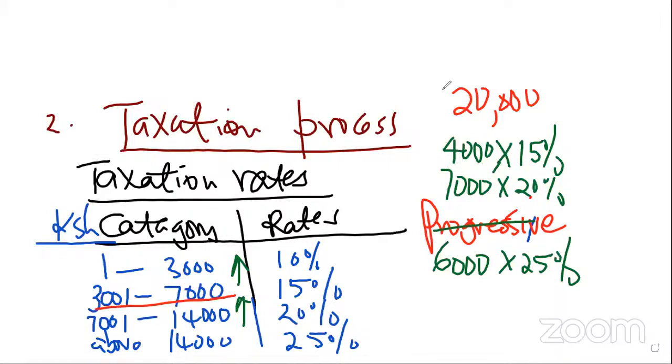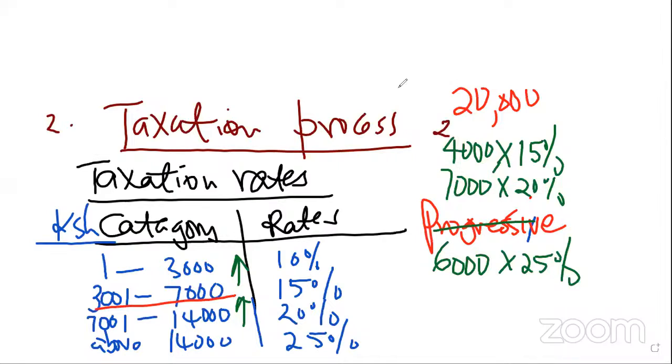So I started by the first 3,000. I paid tax for that. I went to the next 4,000. I paid tax for that. I went for the next 7,000. I paid tax for the 7,000. And then the remaining 6,000, I also paid the tax for that.